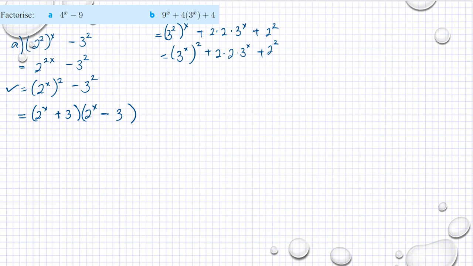So we can see now the factor of this is 3 raised to x plus 2, a square of a binomial, 3 raised to x plus 2 raised to 2.